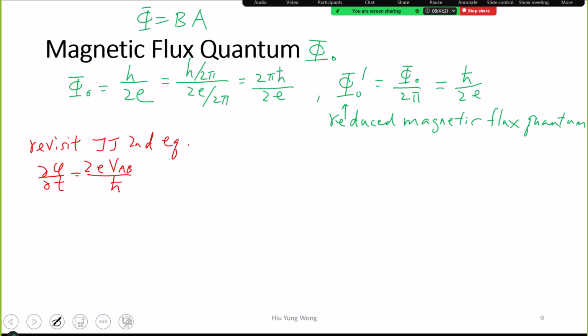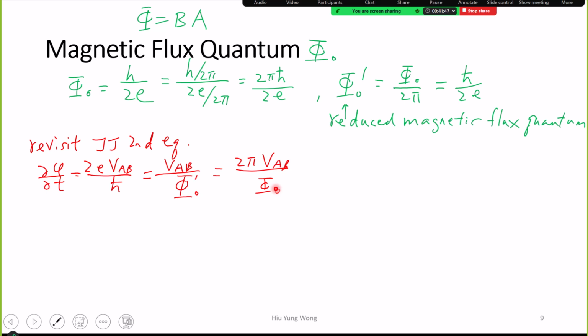Based on this, this is equal to V_AB divided by the reduced magnetic flux quantum, because h bar divided by 2e is phi naught dash. Or if I really want, I can say this is 2 pi V_AB divided by the magnetic flux quantum.